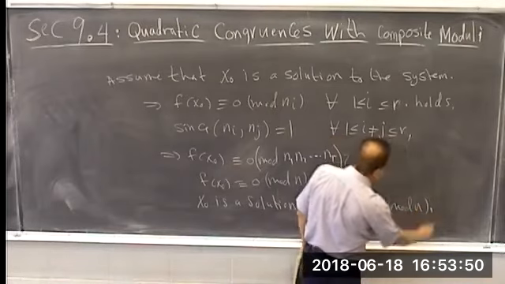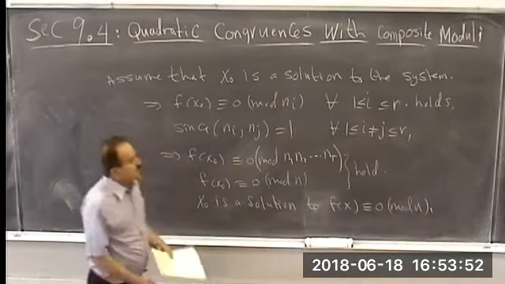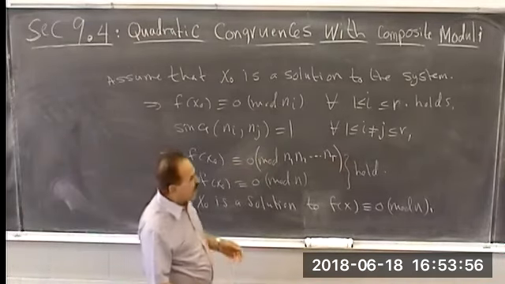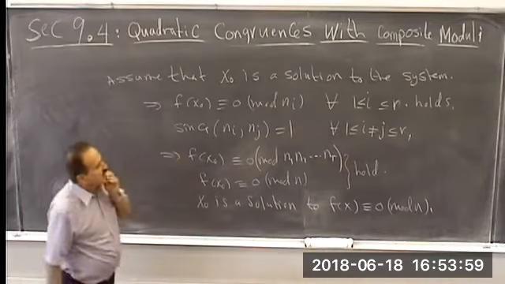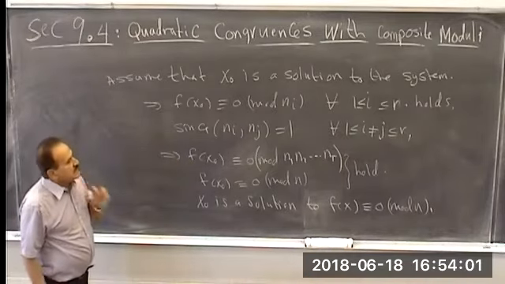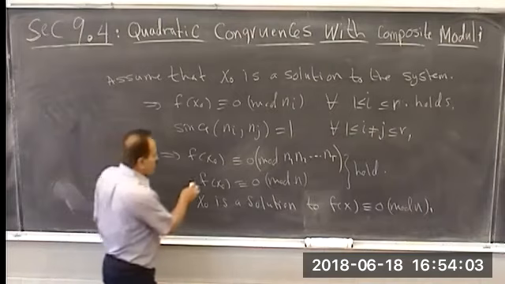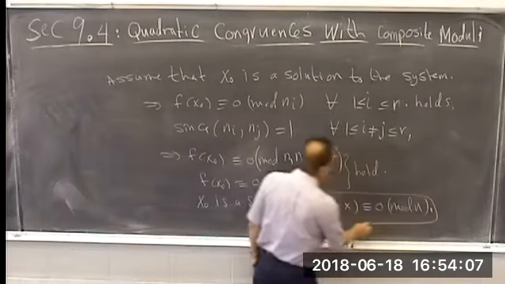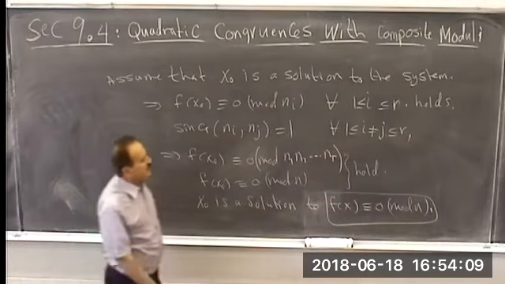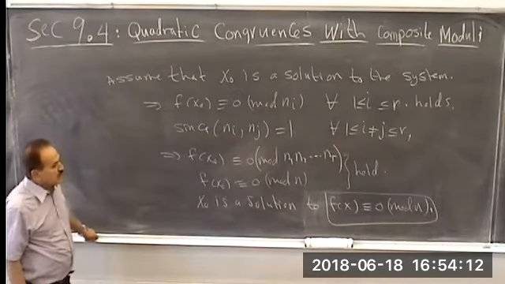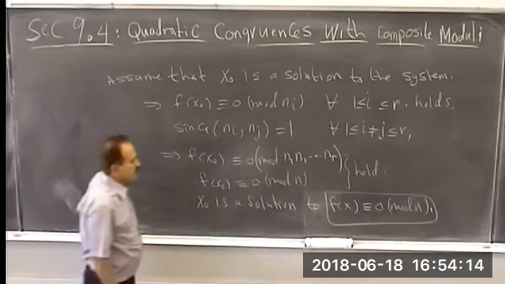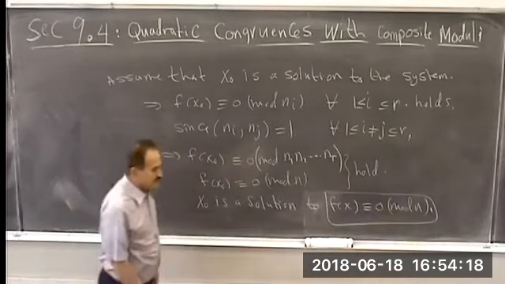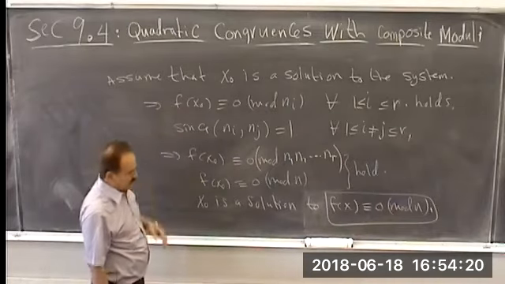All right. Now the question which remains unanswered is how we can find the solution for just this single congruence, using our knowledge about solutions for the components or the factors of n, which means the system itself.